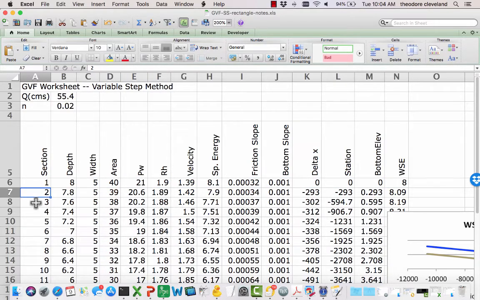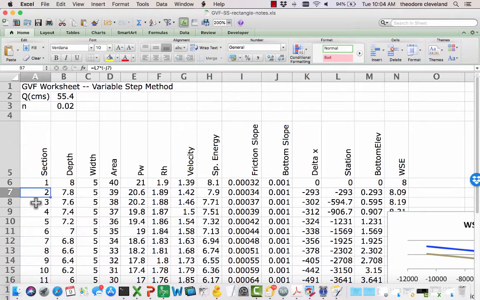And then we do our first step. We reduce the depth to 7.8 meters, perform all those calculations, and we discover it's minus 293 meters upstream. Our station is minus 293. Our bottom elevation at that point is 0.293. We add the 7.8 to the 0.293 to get the 8.09 water surface elevation.